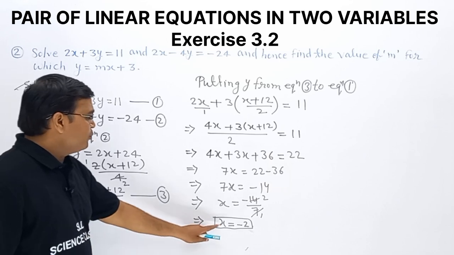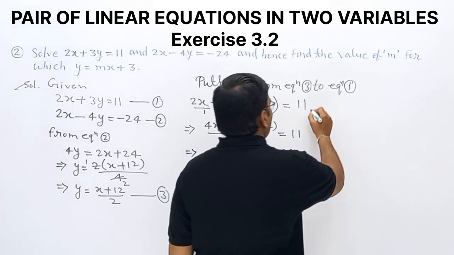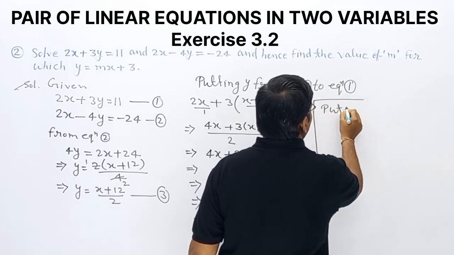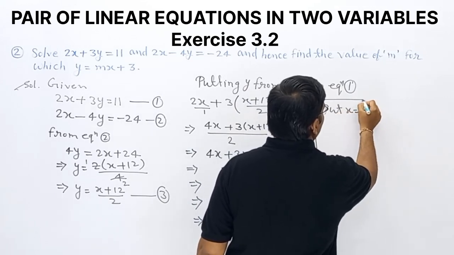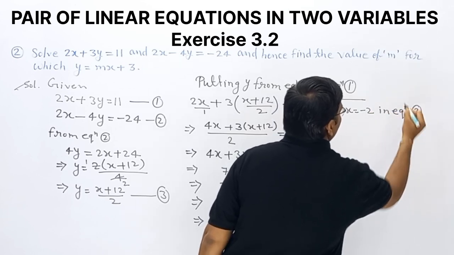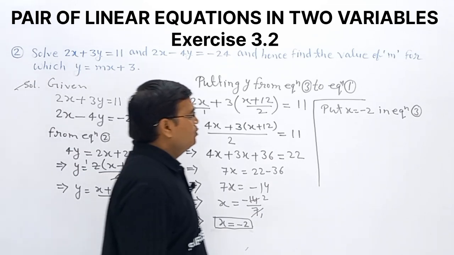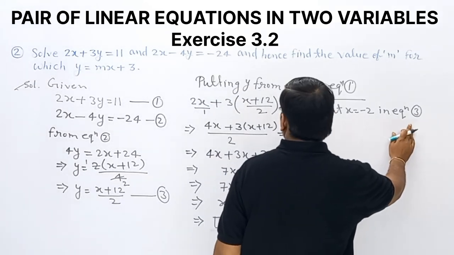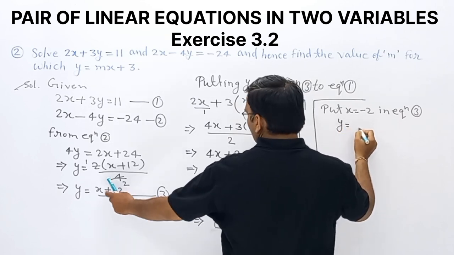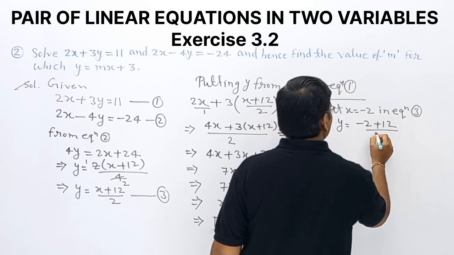So now we will put this value in equation number 3. Put x equal to minus 2 in equation number 3. Then we will obtain y. y equal to x plus 12 divided by 2, that is minus 2 plus 12 divided by 2.